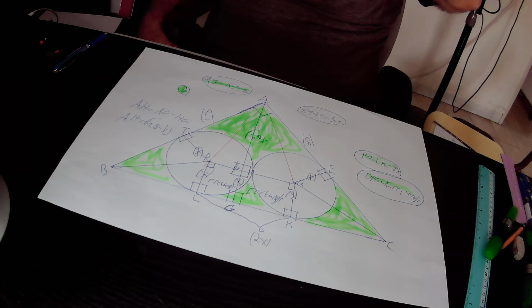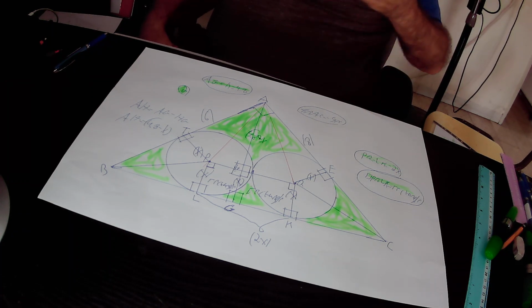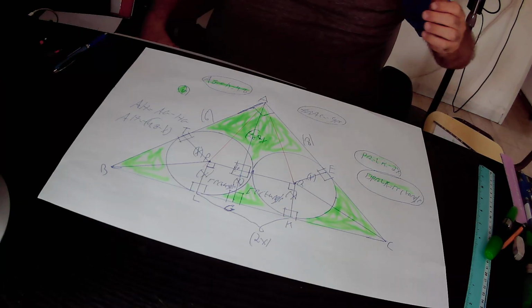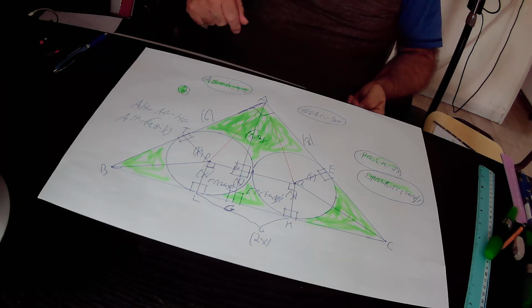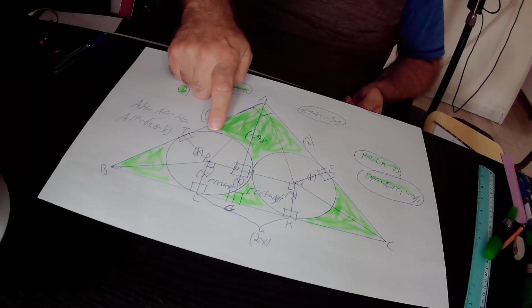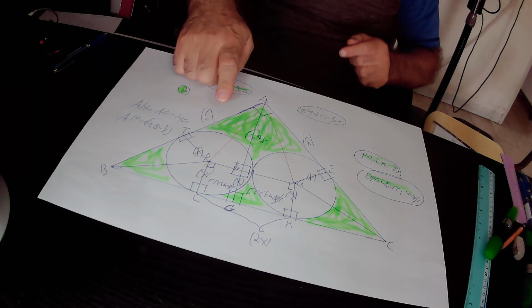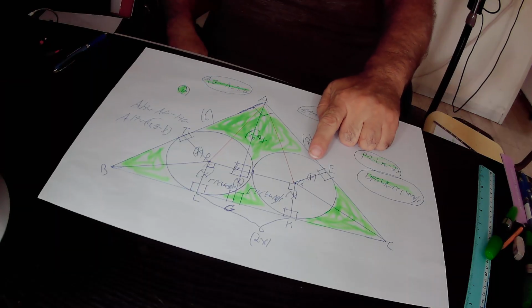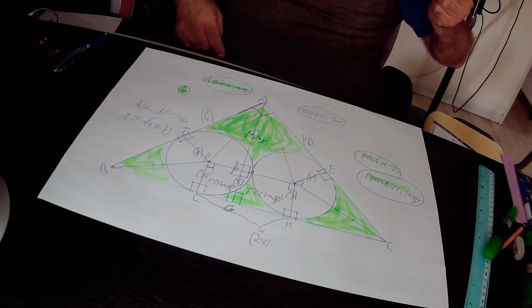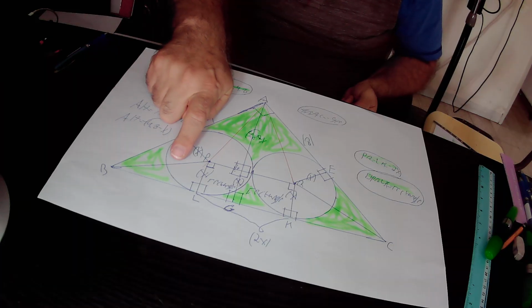So, by doing all those constructions, we divided the big right triangle ABC into 6 parts. The first part of triangle ABC is triangle APB. The second part is triangle AQC. The third part is the right triangle BPL.